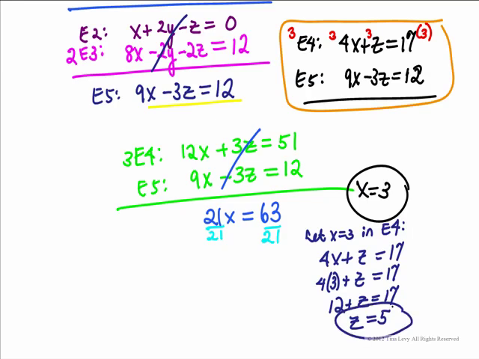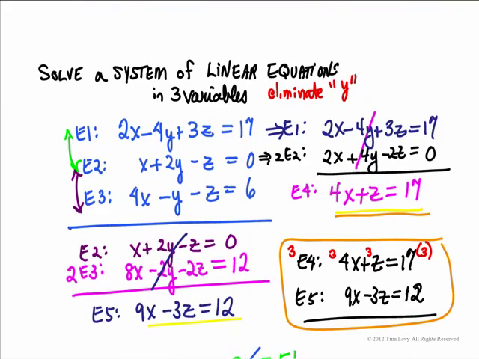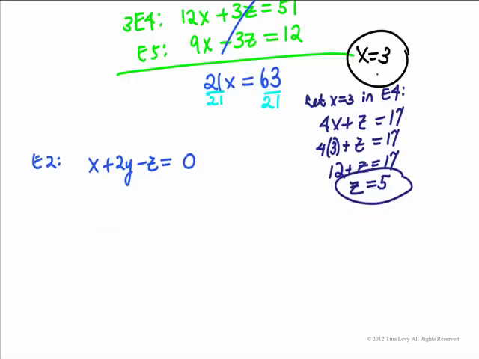I've now gotten a second coordinate. At this point, I have x is 3, z is 5, and I am going to choose one of the 3 original equations to substitute. I'm going to use equation 2 to get the missing coordinate. So I substitute x being 3, z being 5 in equation 2.